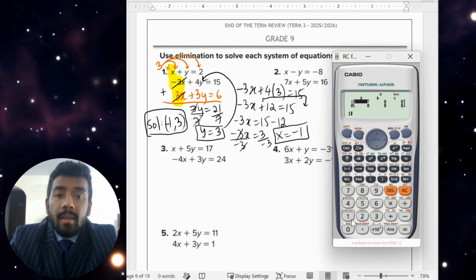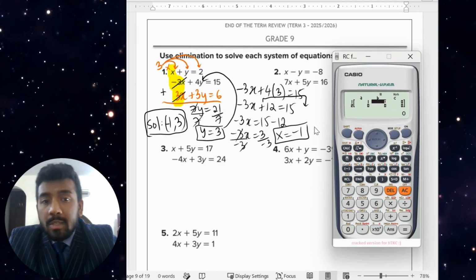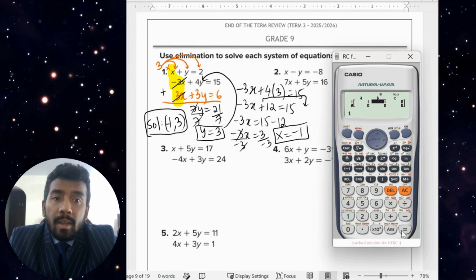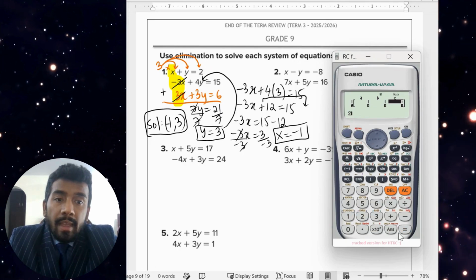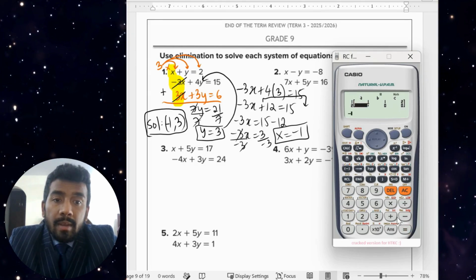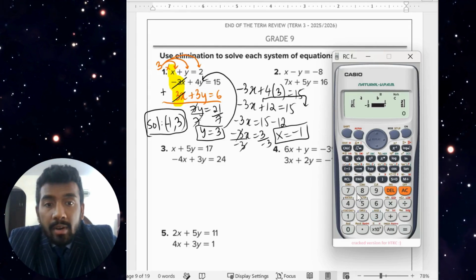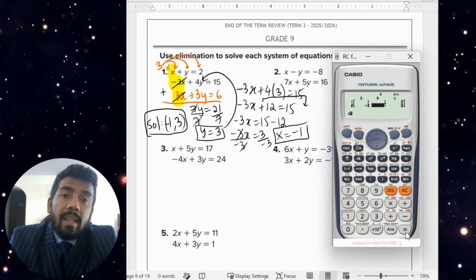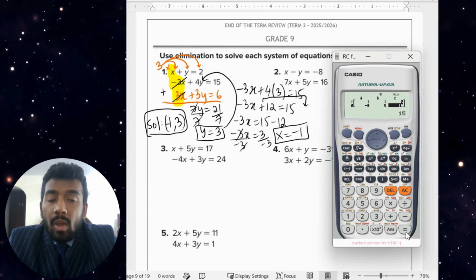Put 1, put equal. Then with y there is no number, which means 1. Put 1, put equal. Then there is 2. Put 2 and equal. Then you have minus 3, then equal. Then you have 4. Put 4 and equal. And lastly put 15. Equal.